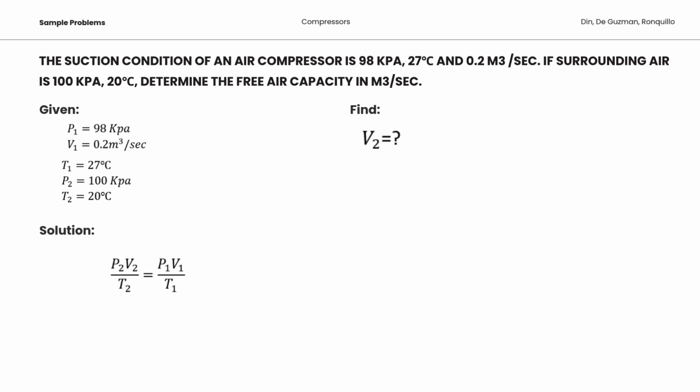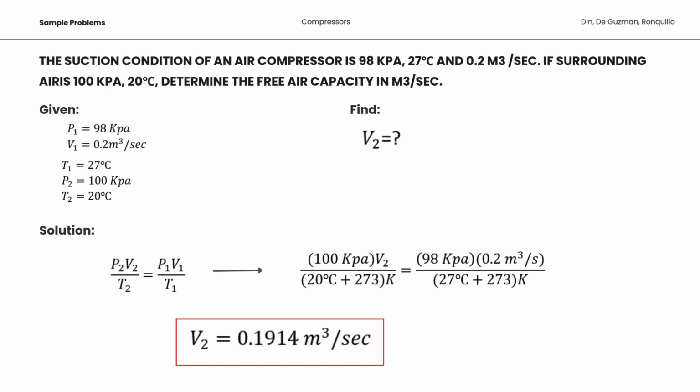Okay. So, ang gagamitin nating formula dito is itong P2V2 over T2 is equals to P1V1 over T1. And then, ilagay lang natin yung mga given which is P2 as 100 kilopascal and then V2 yung hinahanap and then over T2 na 20 degrees Celsius and then gagawin ng Kelvin plus 273.